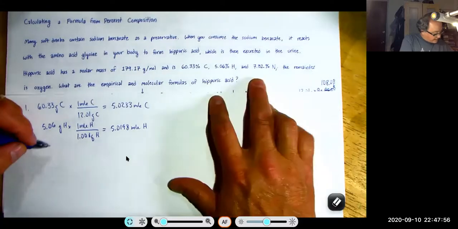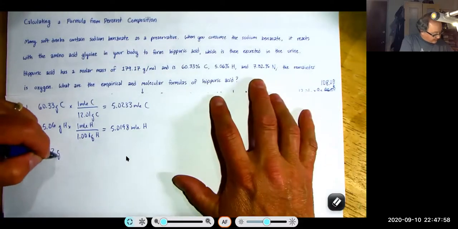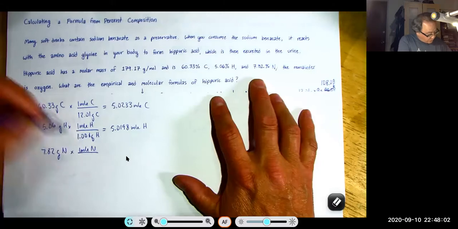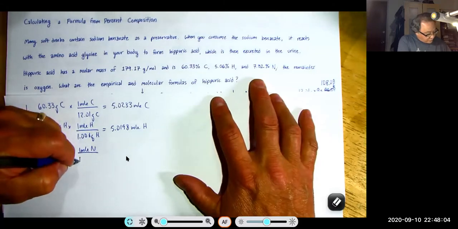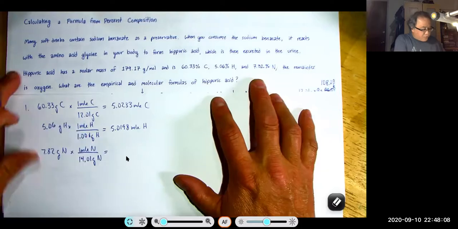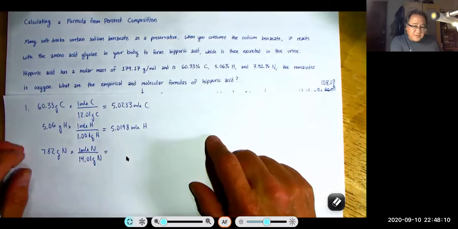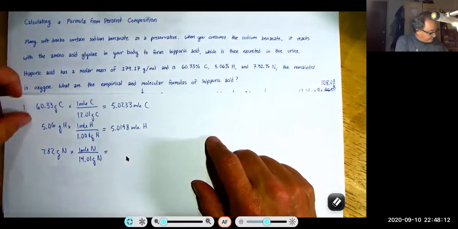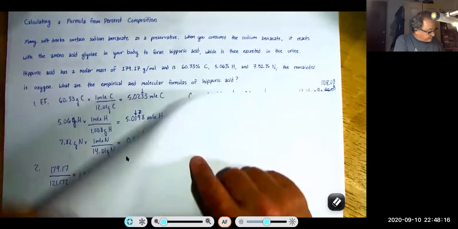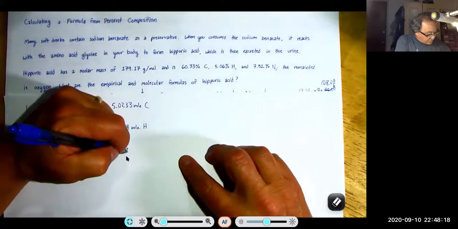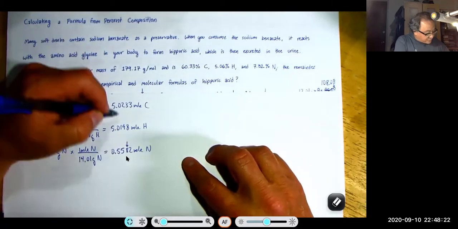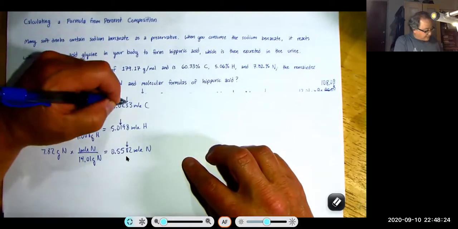We take our 7.82 grams of nitrogen times 1 mole of nitrogen per 14.01 grams of nitrogen. Where do we get these molar masses from again? That's right, periodic table. And we get 0.5582 mole of nitrogen. So here, this is me keeping track of where I would round if I had to.